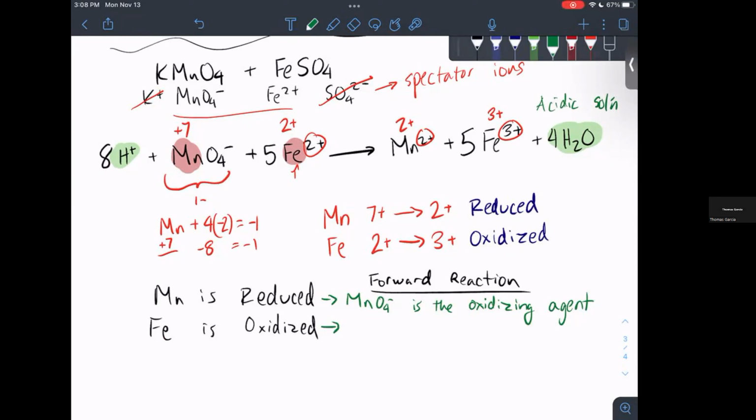And because iron is giving its electrons to manganese, iron, specifically iron 2 plus, is the reducing agent. It is facilitating the reduction of manganese.